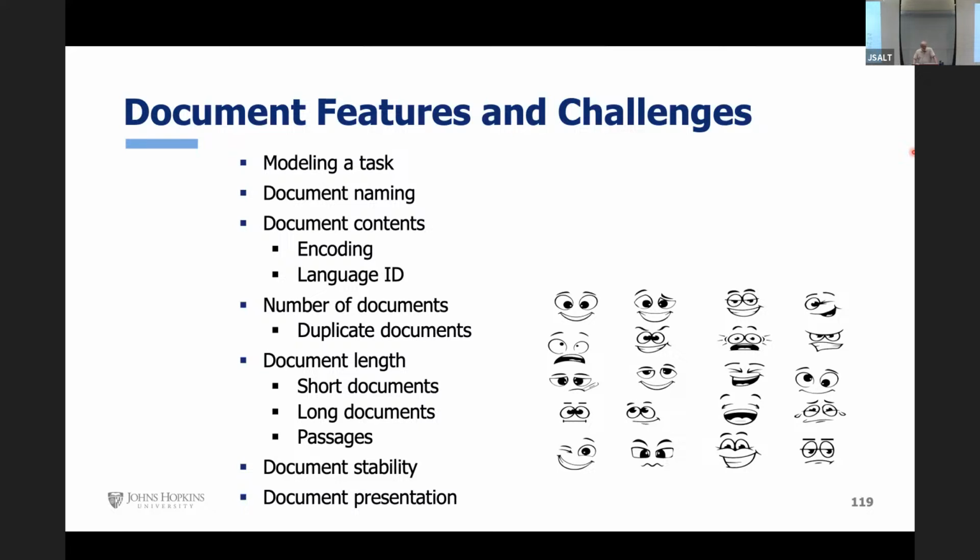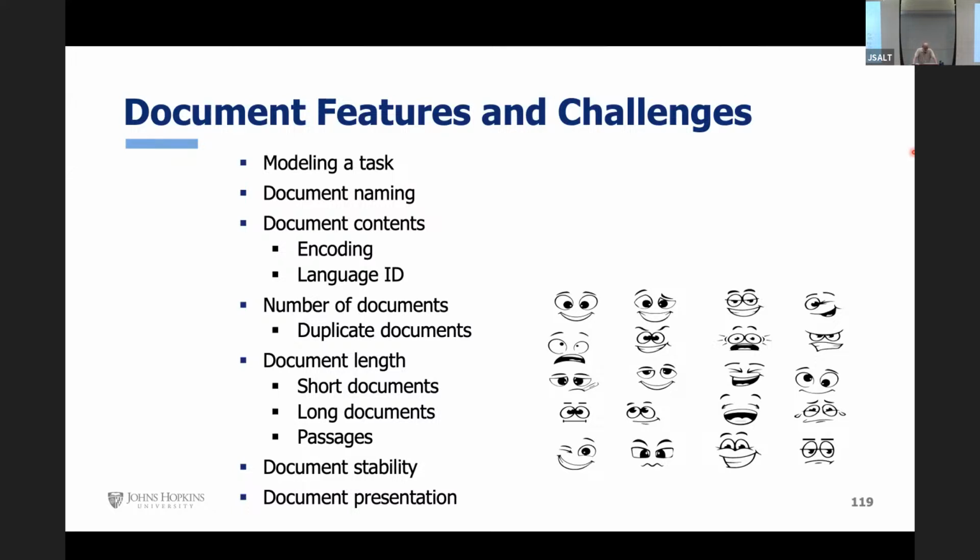And so really the documents are going to reflect that task, right? So if you're trying to build a web search engine, the documents in your evaluation collection really ought to be web documents of the type that you want to be able to retrieve, right? If you're trying to retrieve over medical abstracts, then you want your documents to be from that domain.